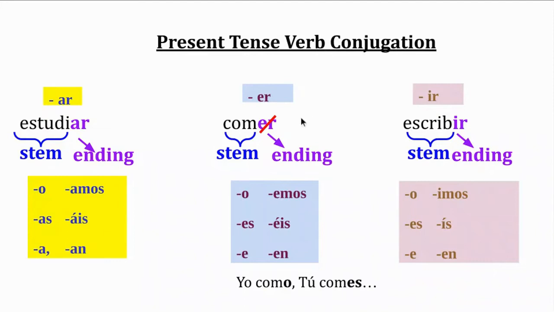As you can see here, the verb comer, that means to eat, has a red line over the ER, indicating that I need to eliminate that ER and replace it with the ending that corresponds to the subject. For example, for yo, say yo como. For tú, say tú comes, etc.